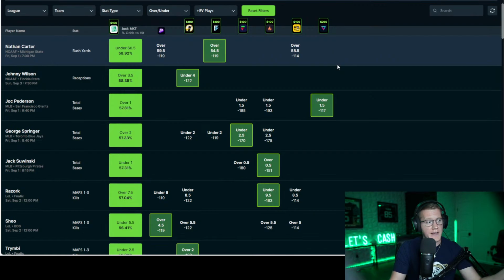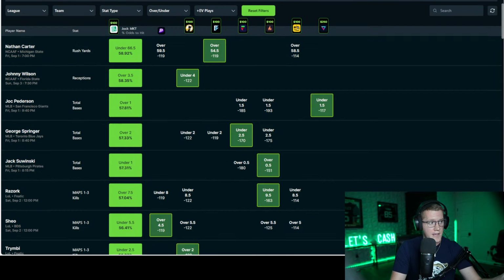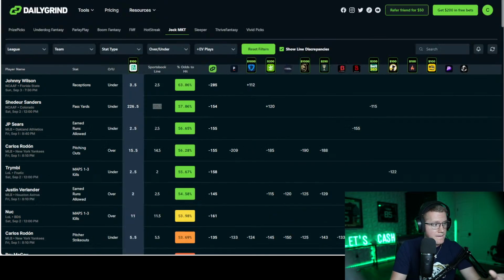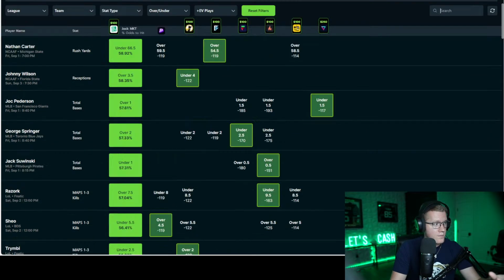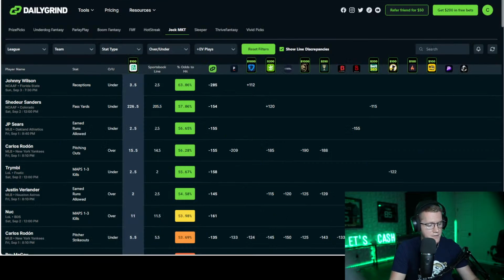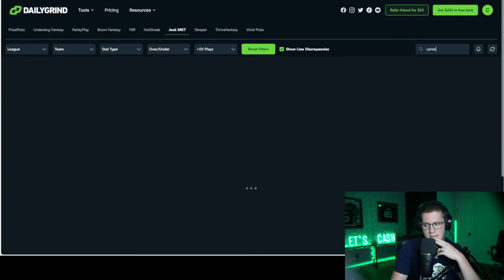And it's not a straightforward answer. It looks like Boom and Jock Market are the most off. If two of the 4 apps are right in the middle, then that's probably one of the more accurate projections, because you're going to start to see this thing shift. I would take the under on Jock Market, or I would take the over on Boom, or both. And we haven't even looked at the sportsbooks yet, right? So if we put Carter in here, I guarantee you he has some sportsbook projections.